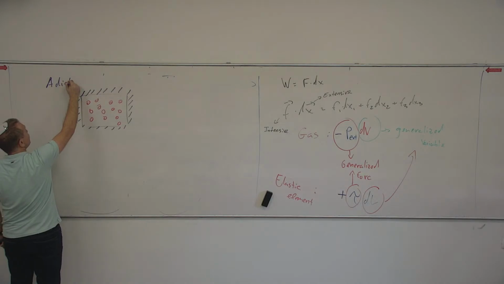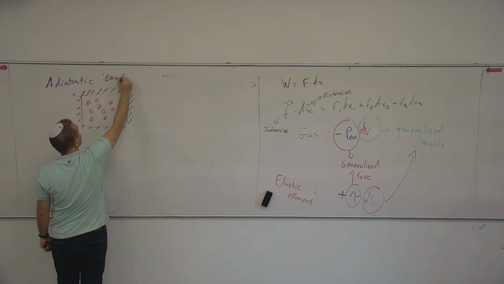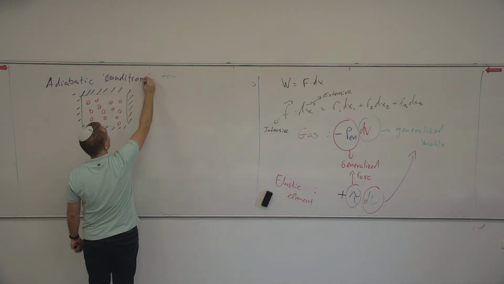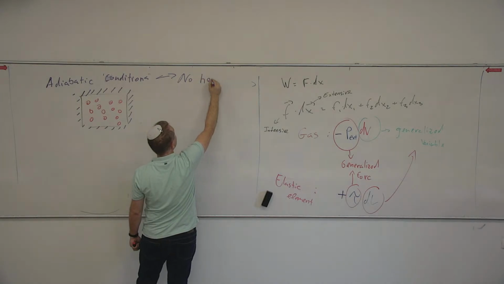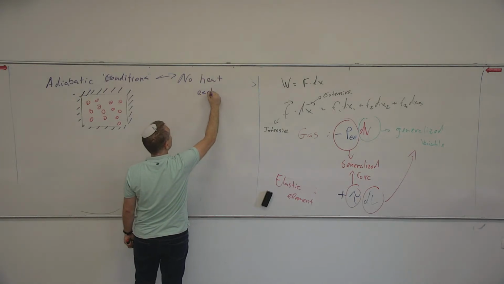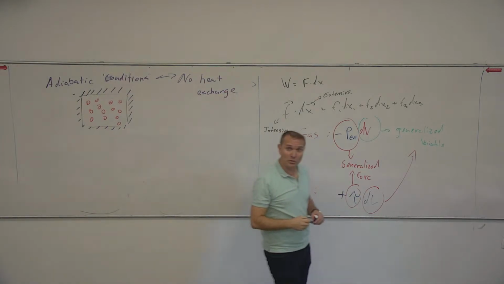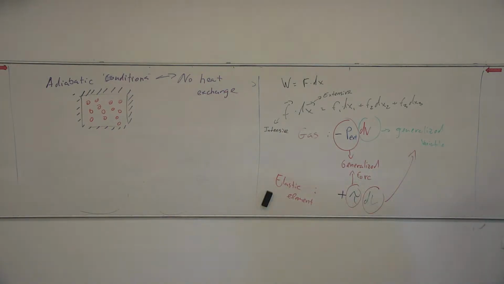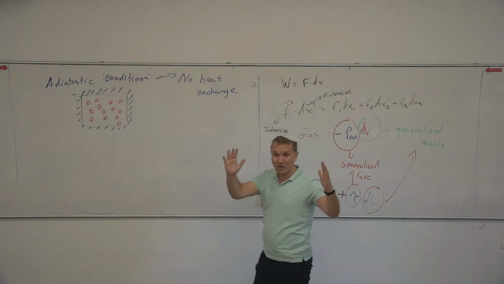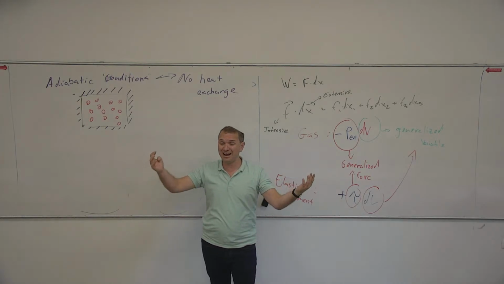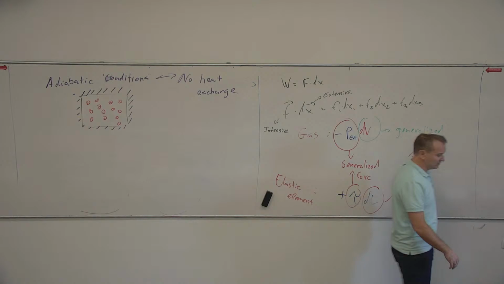So adiabatic boundary conditions simply mean no heat exchange. This is how we can control heat that flows in or flows out. Basically, we look at systems where we shut down the heat flow, or we let the heat get in and get out. Two basic and general conditions.